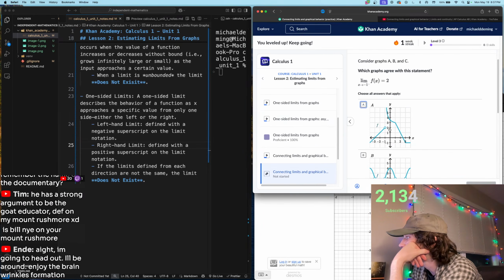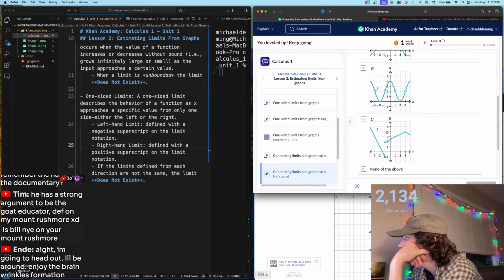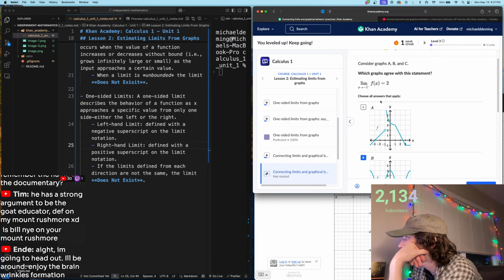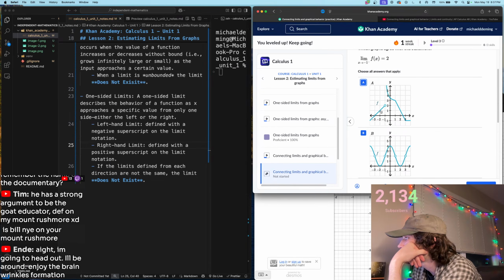Well, this is undefined at that point in time. But that limit, it would be this one and this one. C would not, because you converge on -1 coming from the left.